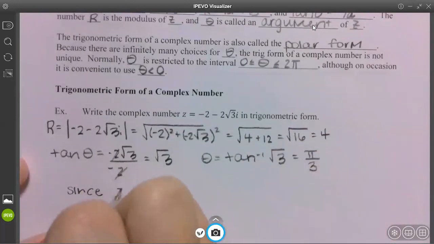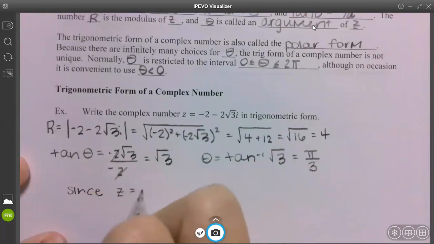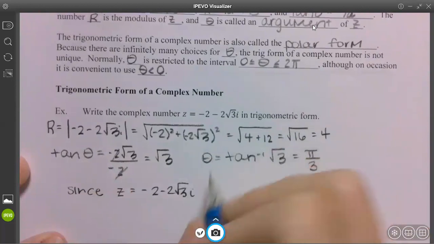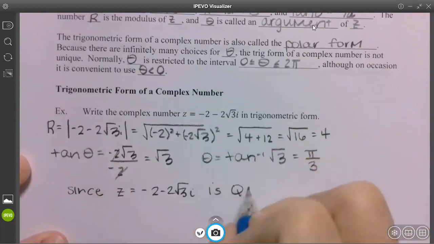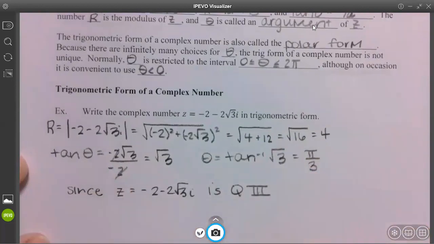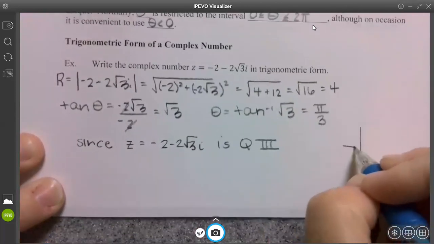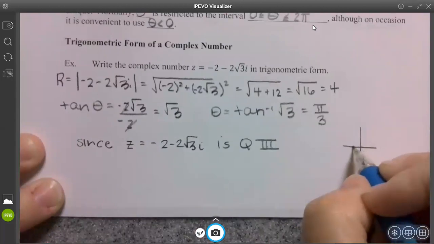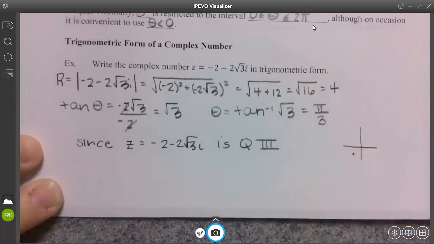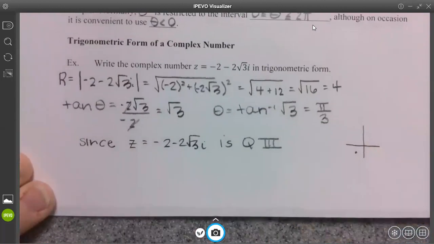Since z equal to -2 minus 2 square root of 3i is in quadrant 3. Again, when I graph it on the coordinate plane, -2 and -2 square root 3 is over here. That's your quadrant 3.